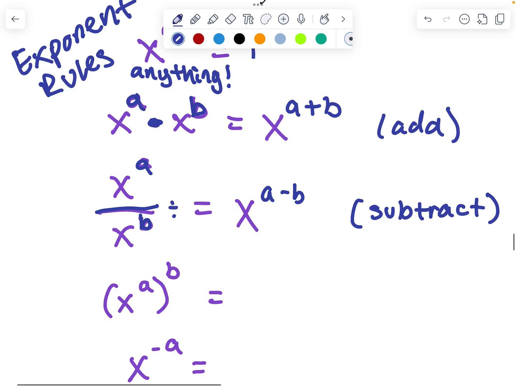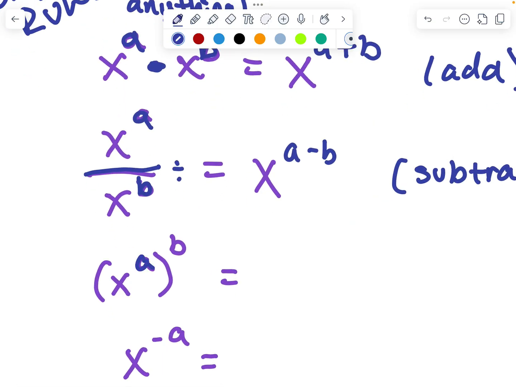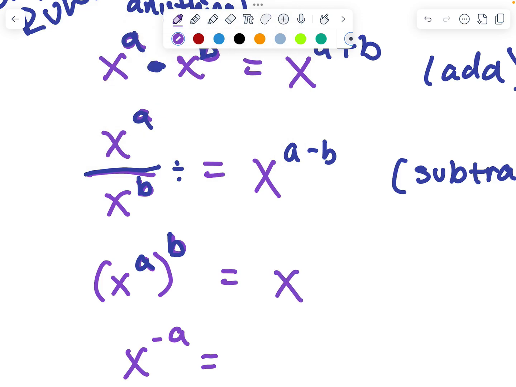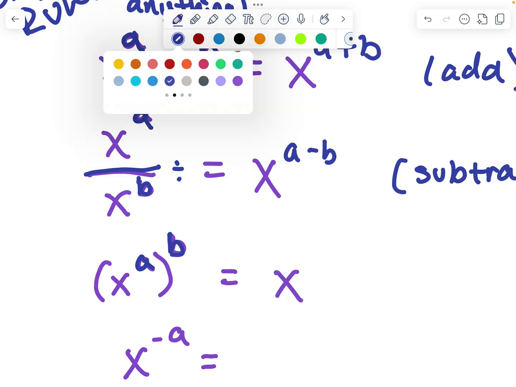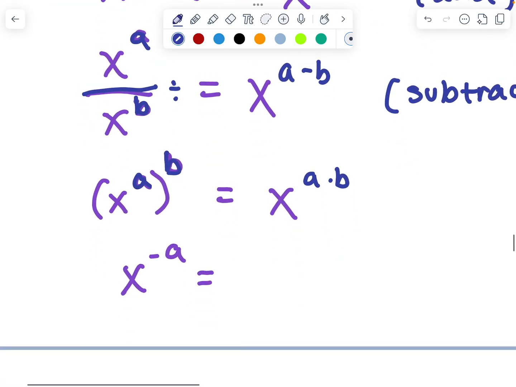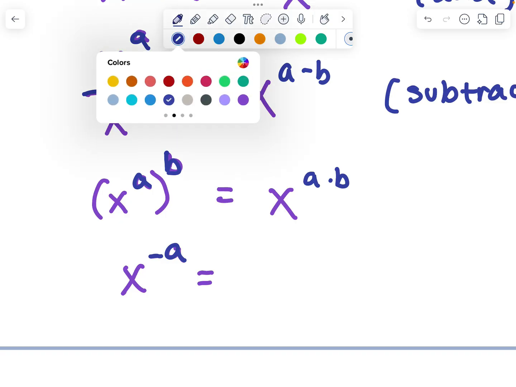Then when we have an exponent to the power of another exponent, okay, what we're going to do here is we are going to multiply our exponents. So x to the a times b. And then when we have a negative exponent, what we do is we put it on the bottom of a fraction. Or if it's on bottom, we put it on the top of a fraction.